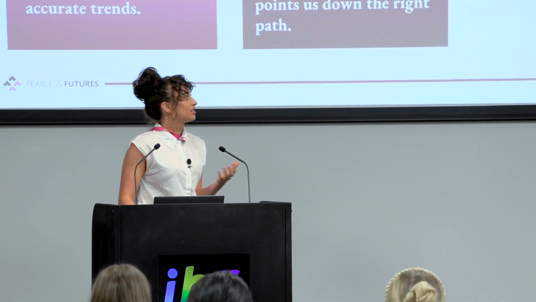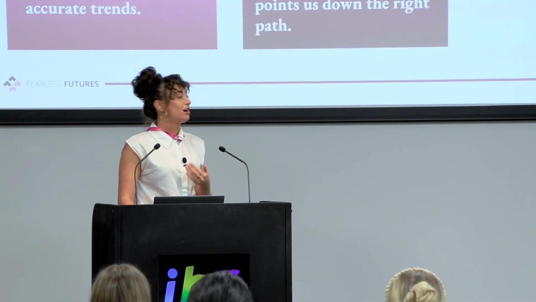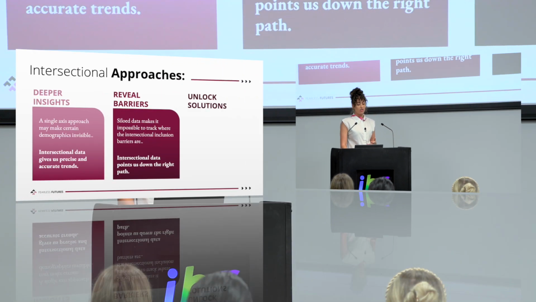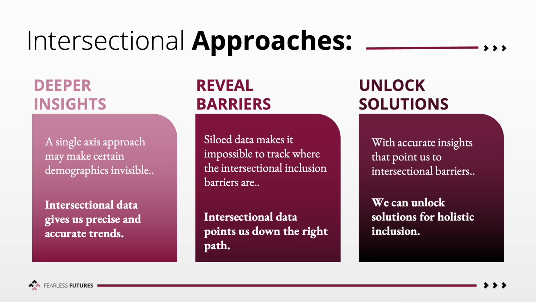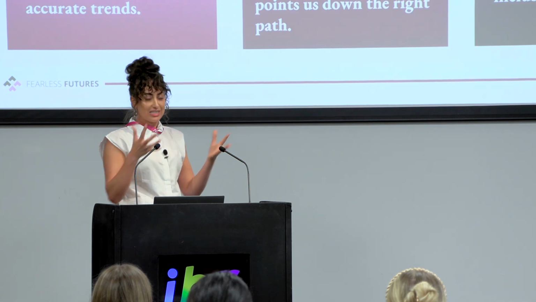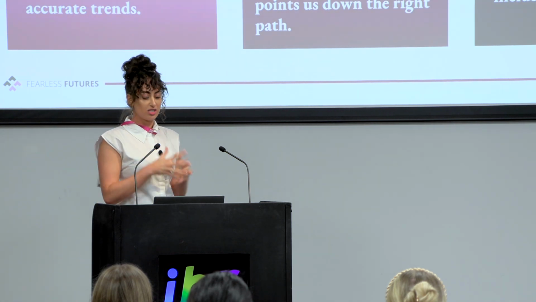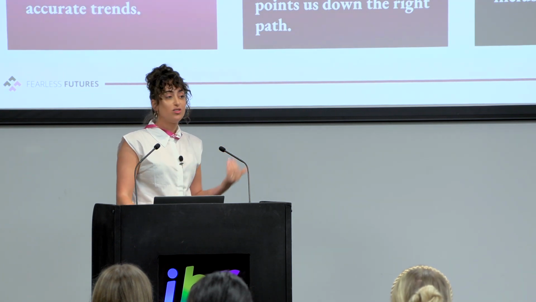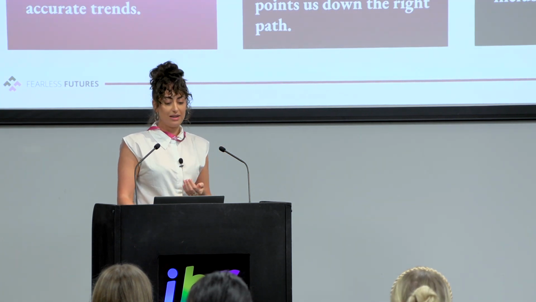As an approach, intersectional data points us down the right path, and that means we can start to unlock solutions. We can start to tweak and tailor existing programs and initiatives to ensure that they suit all of, let's say, a group of women, and not just our default. That means we can really start to close the gaps that we may not have previously even known were there.